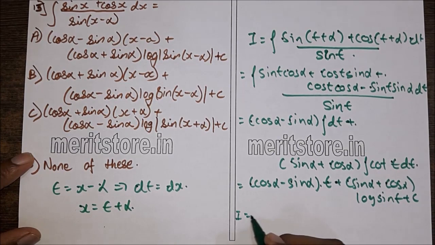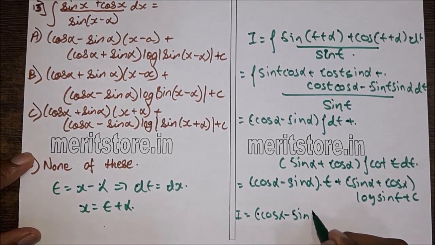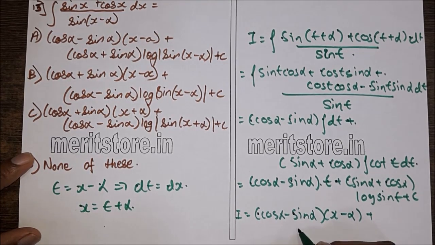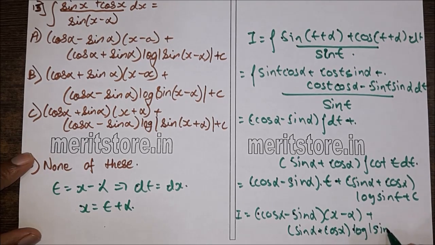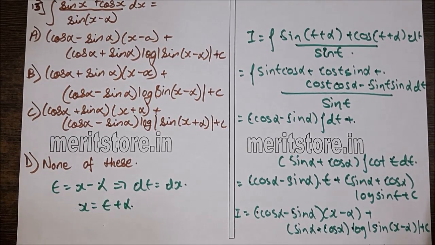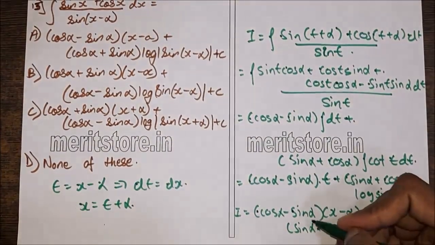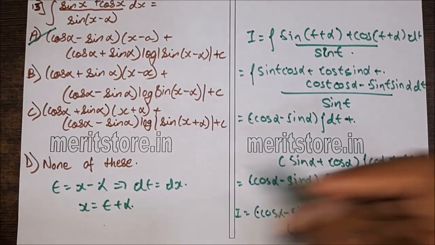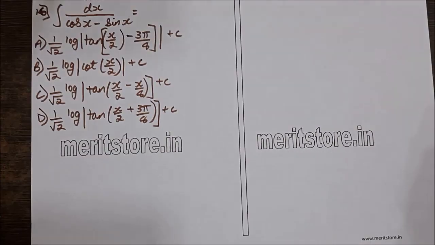Further we get I equal to cos alpha minus sin alpha times x minus alpha plus sin alpha plus cos alpha log of mod sin x minus alpha plus c. Therefore, our answer matches with option A. Therefore, option A is the correct answer.